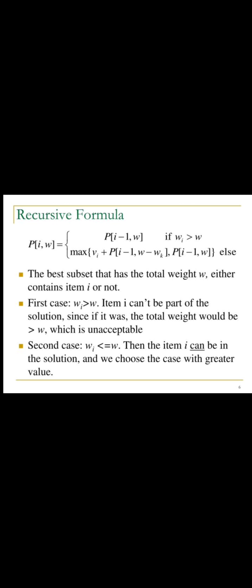First case, wi greater than W: item i can't be part of the solution, since if it was, the total weight would be greater than W, which is unacceptable. Second case, wi less than or equal to W: then item i can be in the solution, and we choose the case with greater value.